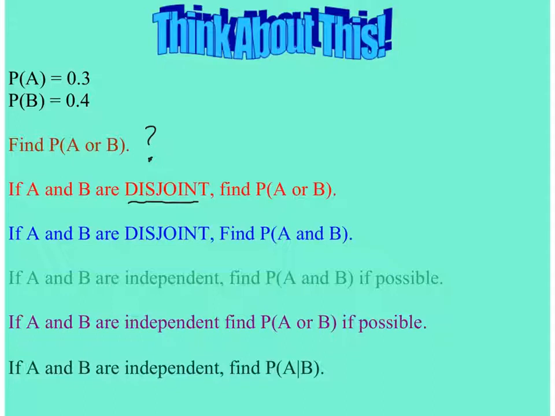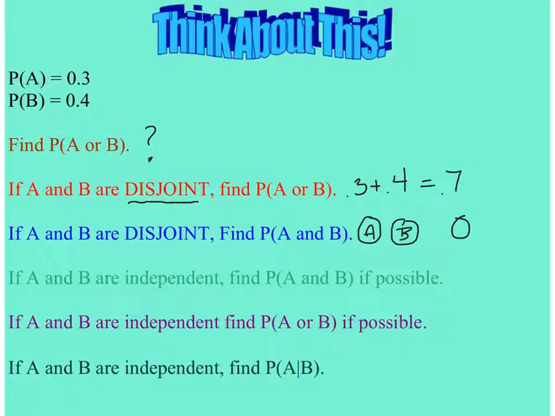So it is 0.3 plus 0.4, it's just 0.7. If A and B are disjoint, find the probability of A and B. Remember, disjoint, I like to draw that Venn diagram. Disjoint means this. Here's A, here's B, so the probability of A and B is 0.